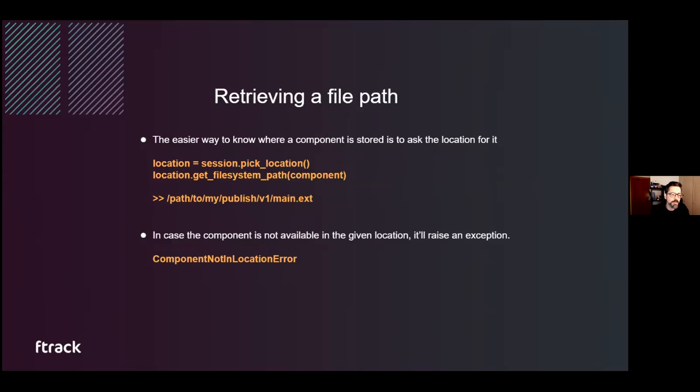So pick location will return the location you use by default to publish to. So if you want to know where a file lives, you need to know which location you want to retrieve the path from. You can simply take the location, get file system path, you pass the component, and this will return the decomposed file path on your disk.